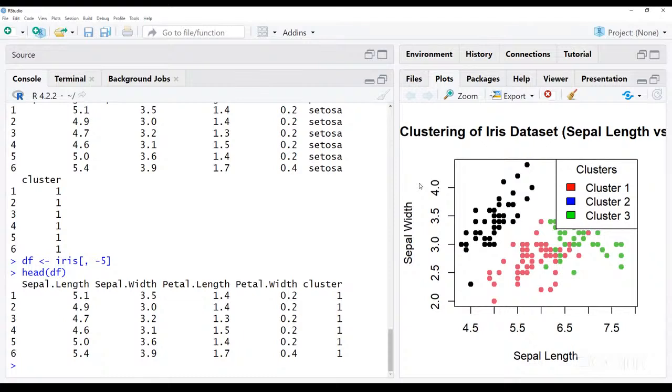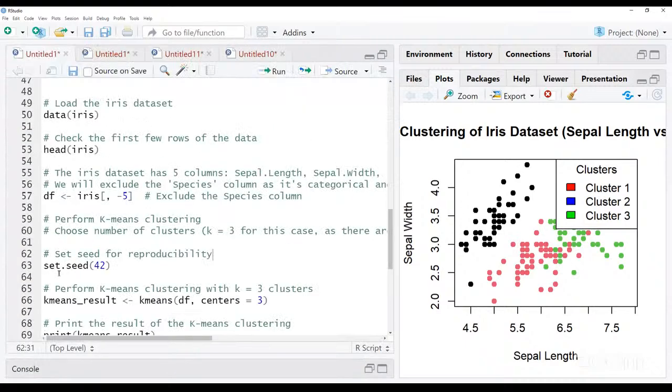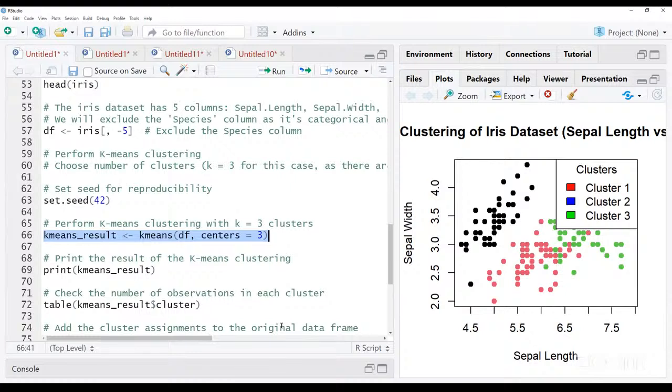Next, set seed 42. After that, k-means result. Then you write down only the k-means result.